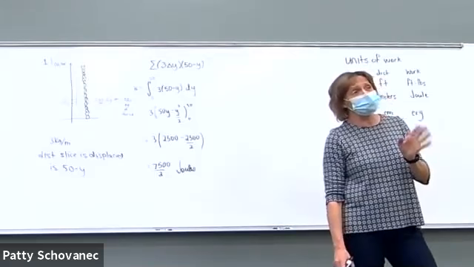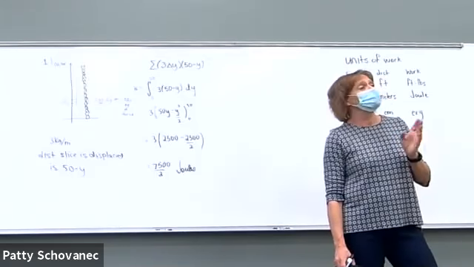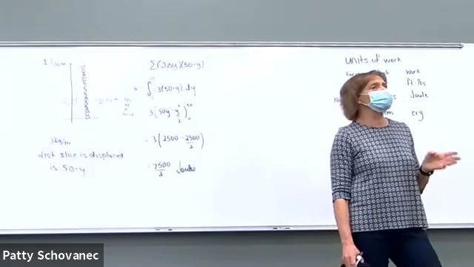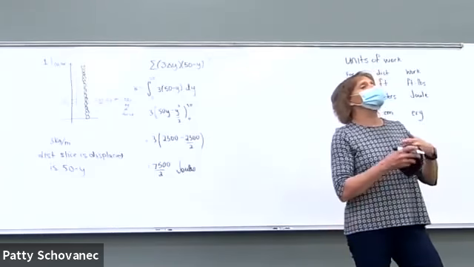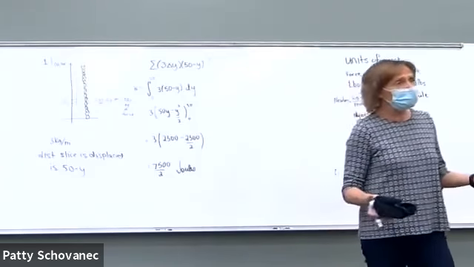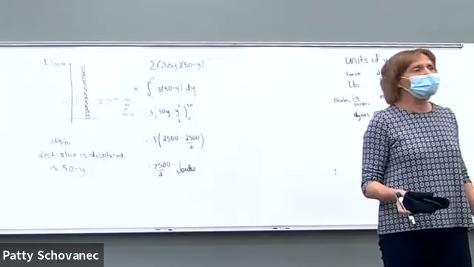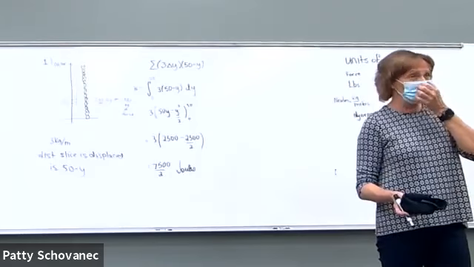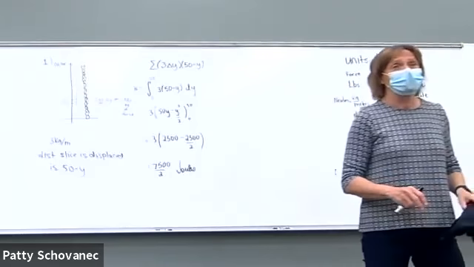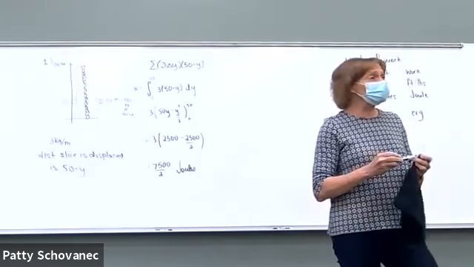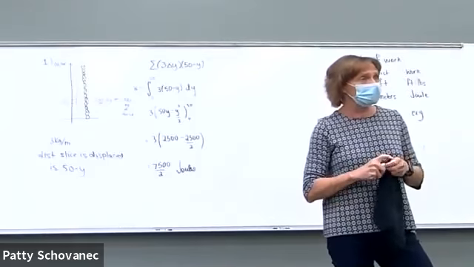The next easiest type of work integral to compute is work done in stretching or compressing a spring, because there's this dude named Hooke that tells us what the force is. Any of you know Hooke's law? Every spring has some sort of natural length where it just sits there.